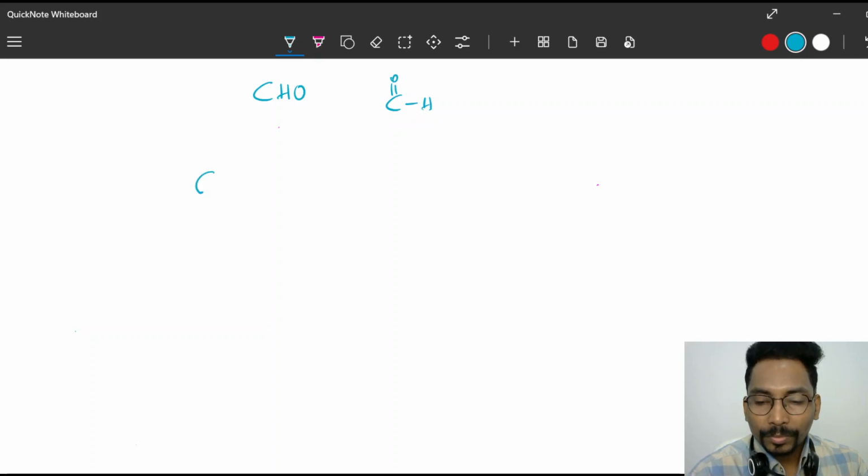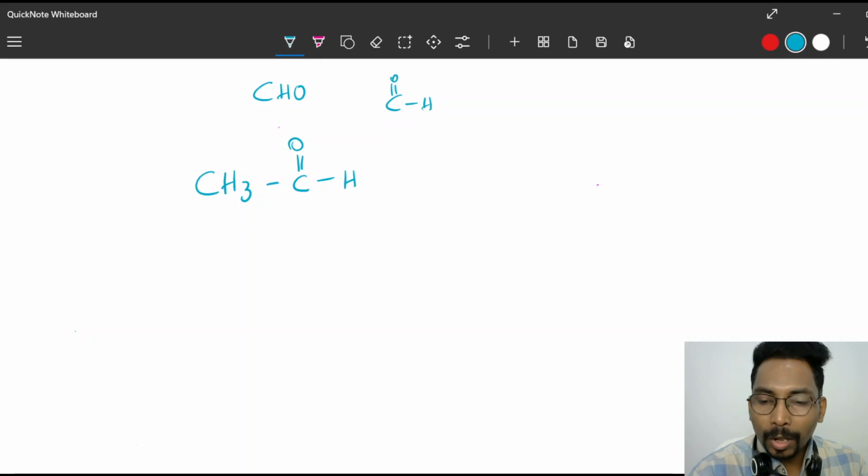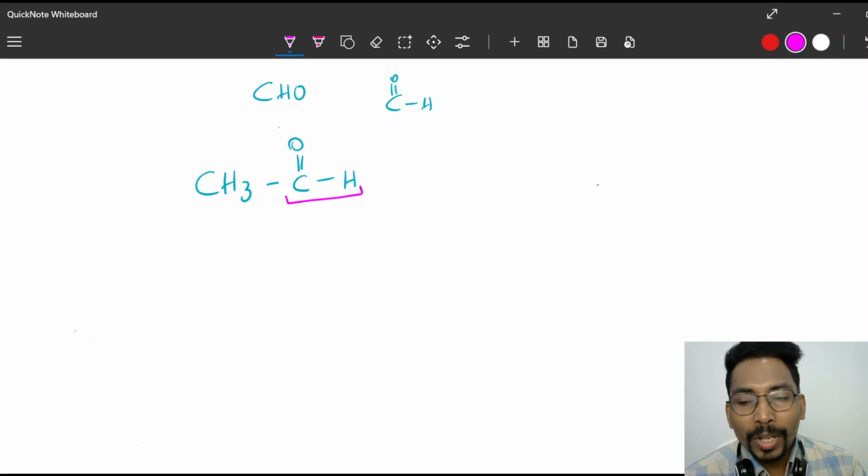Listen. So this is the compound. This part is the functional group and this is the parent chain.